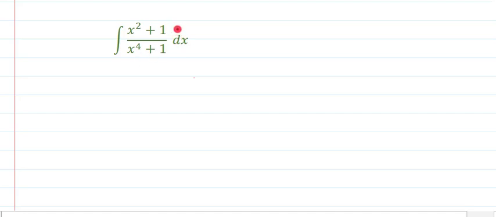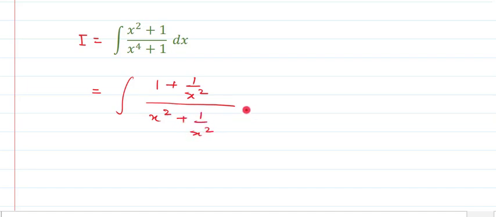This is of the same type, quadratic upon biquadratic. So the very first step is to divide numerator and denominator by x square. First of all, let us name this as I. So I is equal to, after applying the first step, we are getting 1 plus 1 upon x square in the numerator, and in the denominator we are having x square plus 1 upon x square dx.